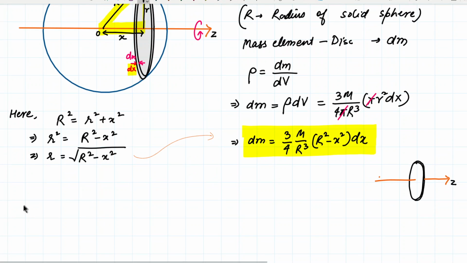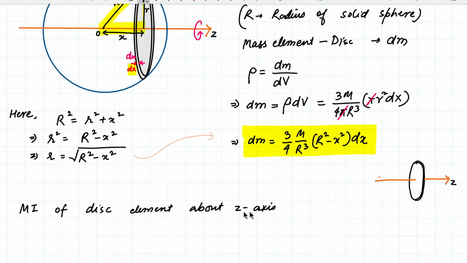So the moment of inertia of the disk element about the z axis is, let's suppose this is diz, equal to half dm r square, half dm r square, or you can say half dm into capital R square minus x square.